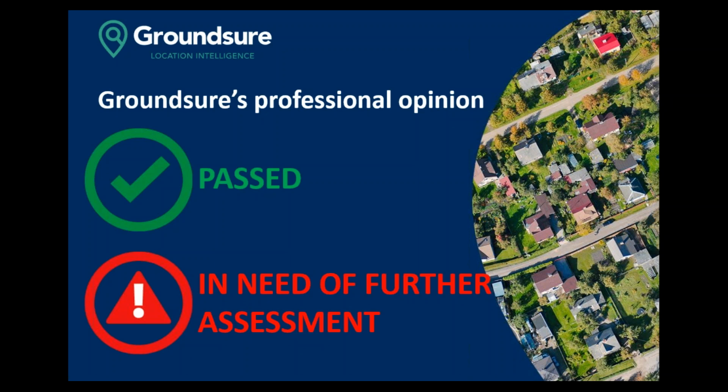And the last and final step that we would recommend is insurance, which, to be honest, most people don't tend to go for. But you can obtain insurance via GroundSure through Building and Land Guarantees.